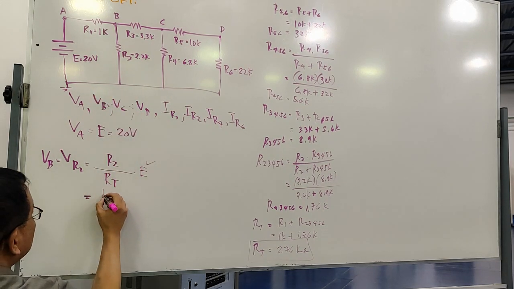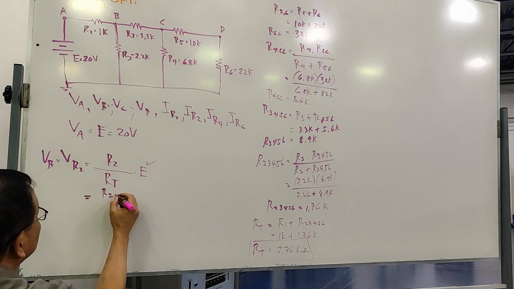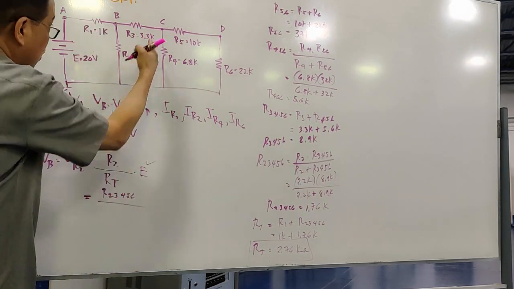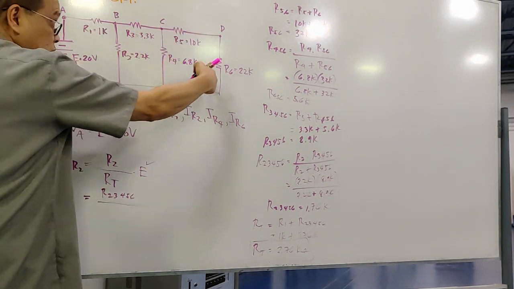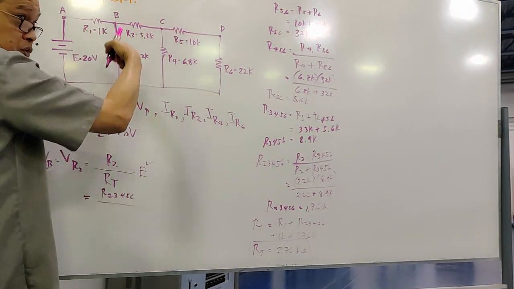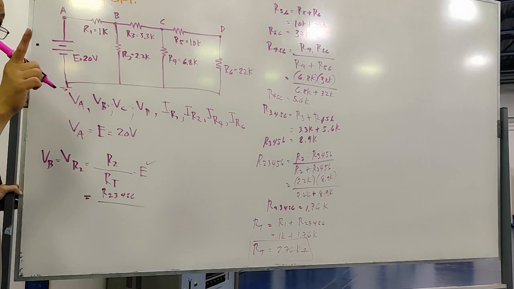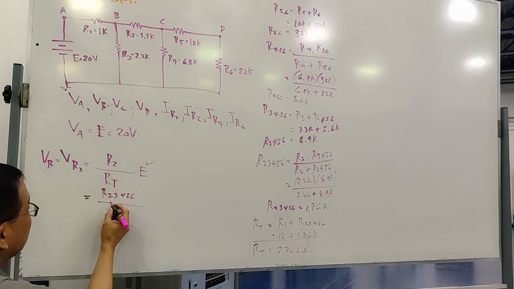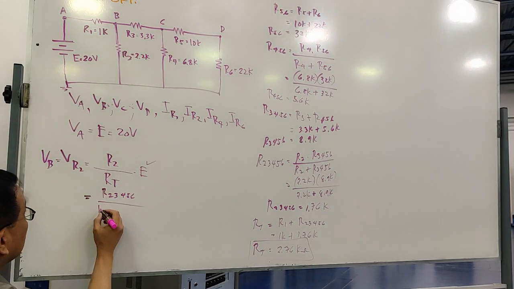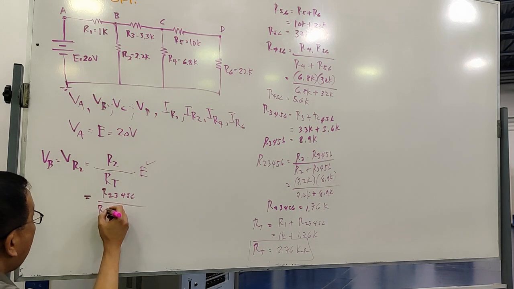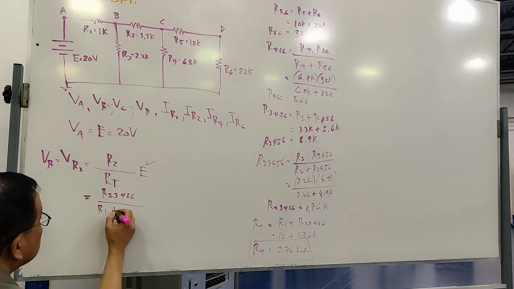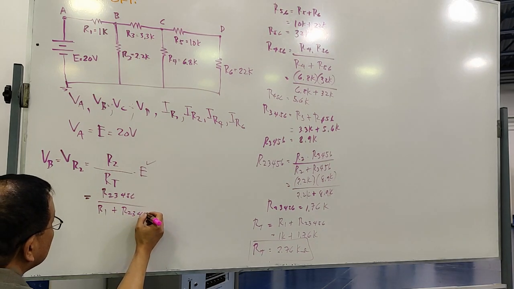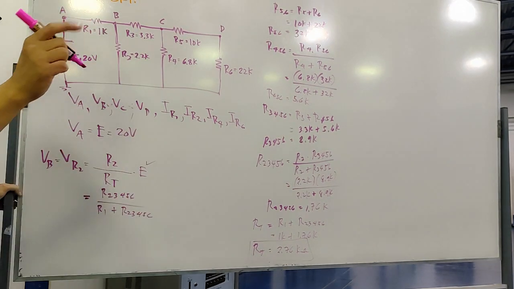What's the R2? R2 is actually this value, R2, 3, 4, 5, 6. These 5 resistors are actually the real R2. Take note, when you apply the voltage divider rule, over the R total, which is R1 plus R2, 3, 4, 5, 6.